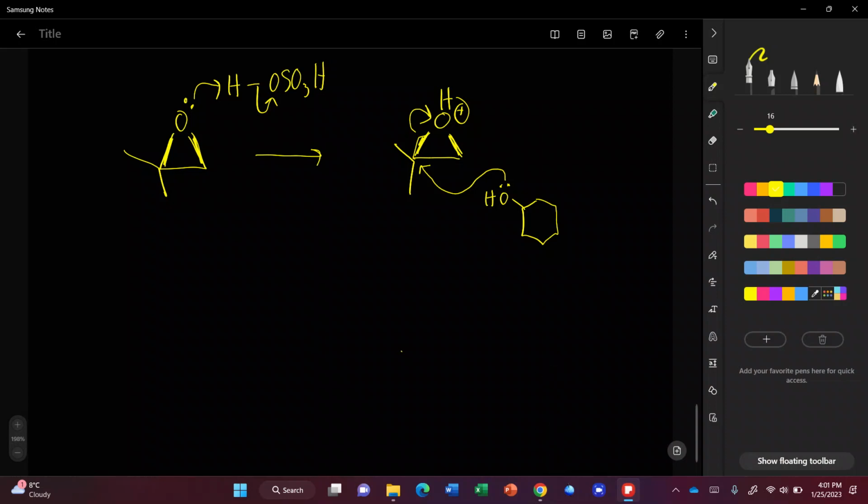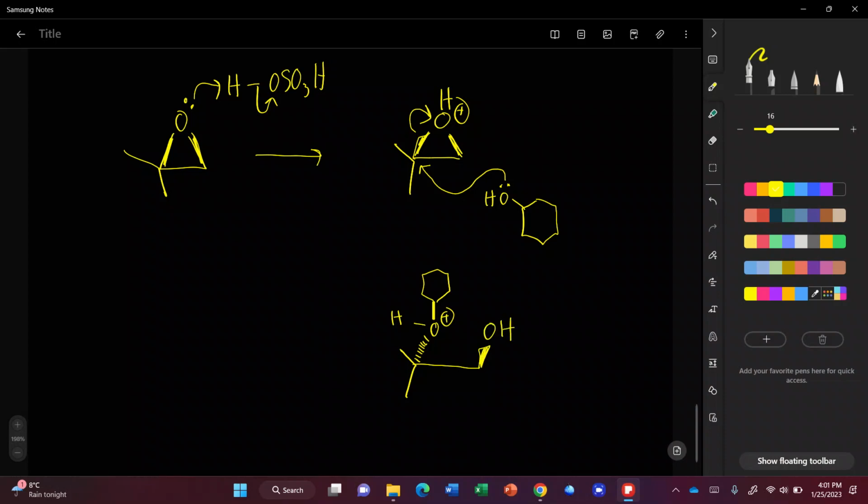So you're going to get that, and again, because it's an SN2 reaction, the stereochemistry changes. So rather than a dash, it's now a wedge. And this is still a wedge, and the OH is over here on it, okay?